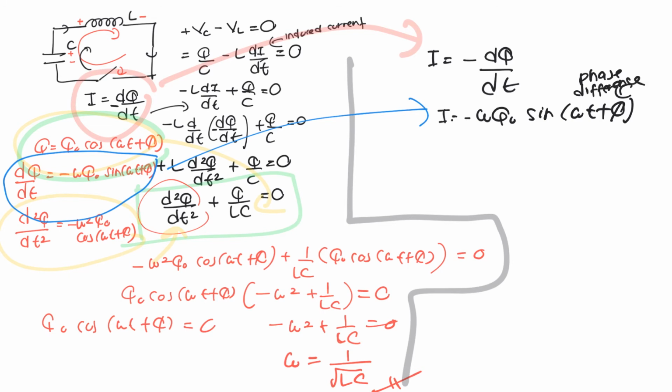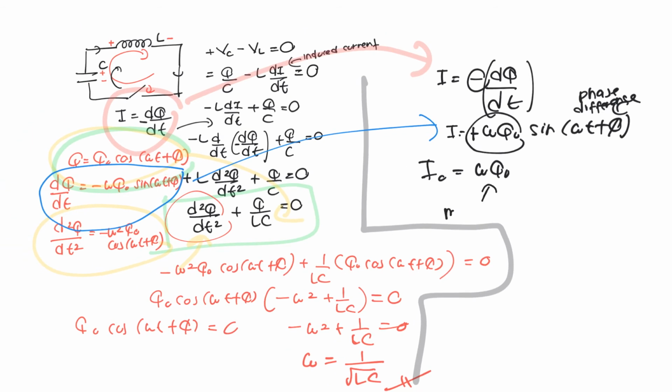So now omega q naught is basically I naught. Sorry, this is going to become positive because you have a negative here, negative and negative cancel out, then you get positive. So I naught is the maximum current, and you can put it as I equals I naught sine(omega t plus phi).